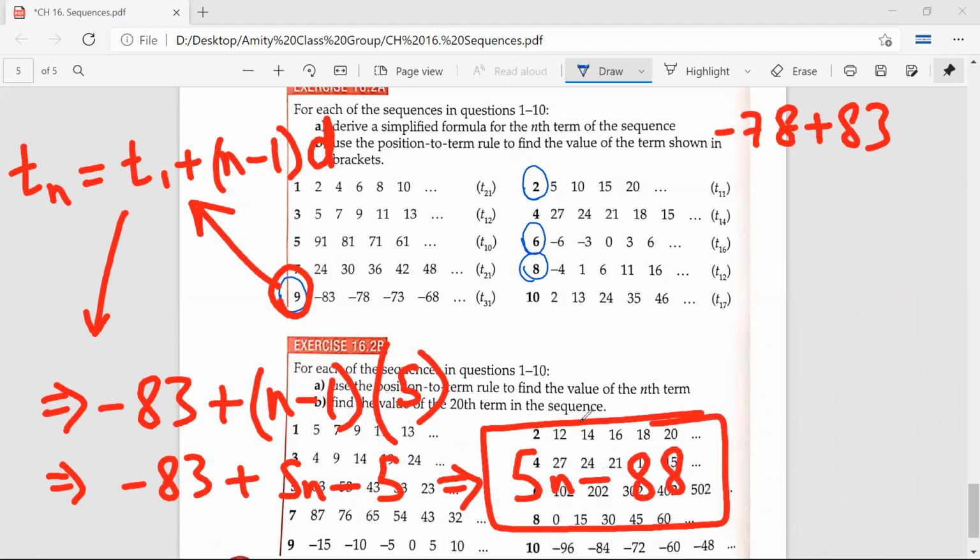Is it okay? Yeah. And now you want to find the T31.